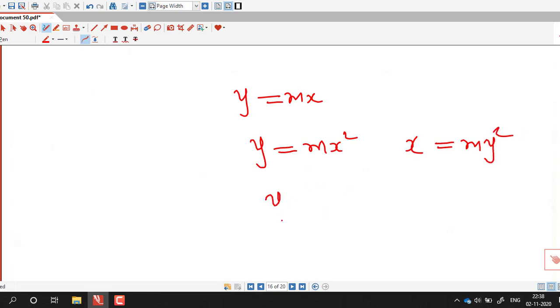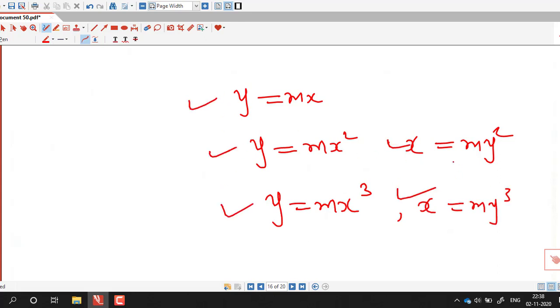Now suppose we are getting the same limit along different paths, say y equal to mx, y equal to mx square, or x equal to m y square, y equal to mx cube, or x equal to m y cube. Suppose the limit is the same along all these different paths, suppose we are getting the same value of the limit, then it is not necessary that limit exists.